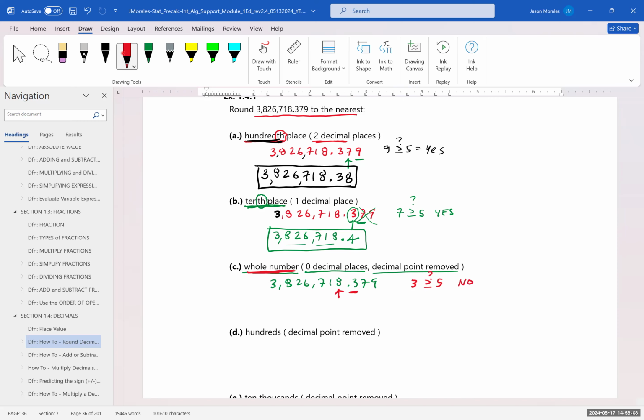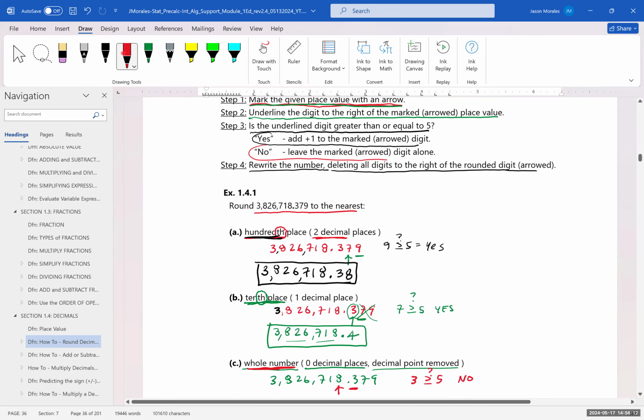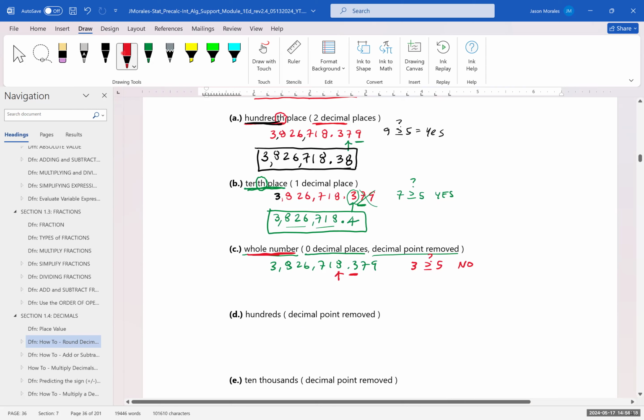The answer is no. So if the answer is no, leave the marked arrow digit alone. Because 3 is not greater than 5, we're going to leave the 8 alone. So we're going to be left with 3,826,718. And then we get rid of everything else to the right of the rounded digit.